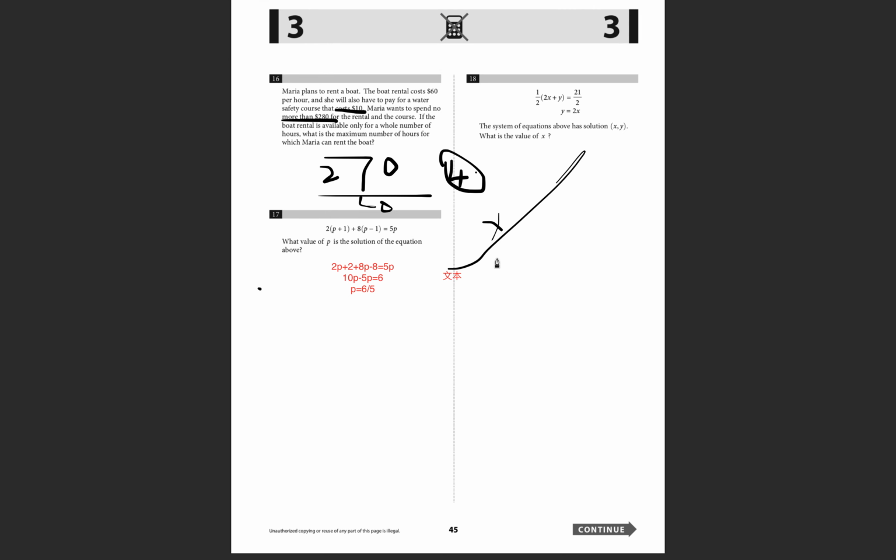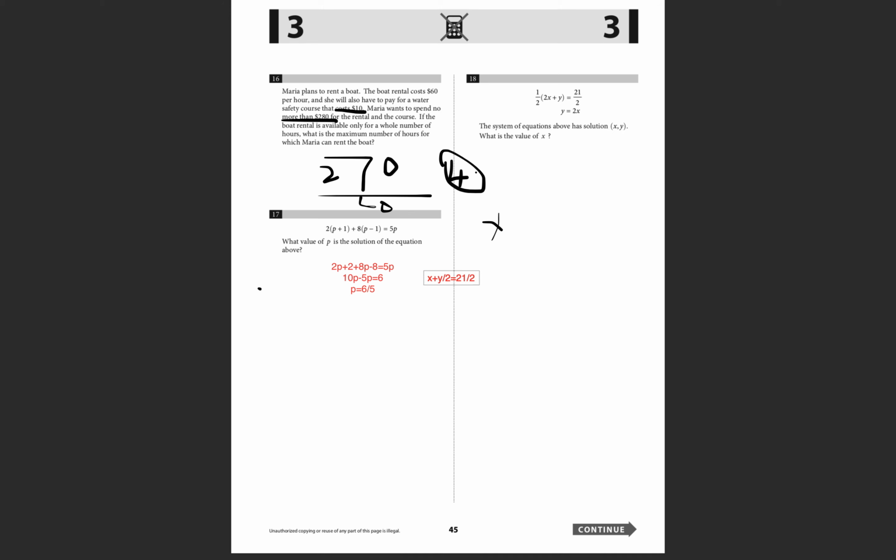So just open the parentheses and we get x plus y/2 equals 21/2, and then plug the second equation in, so just x plus x, and then we get x equals 21/2 divided by 2, which is 21/4.